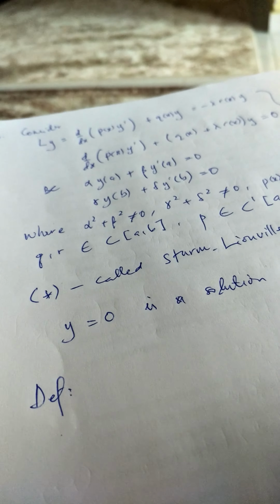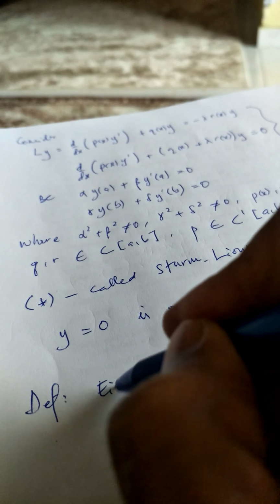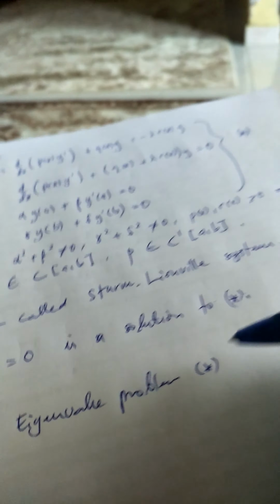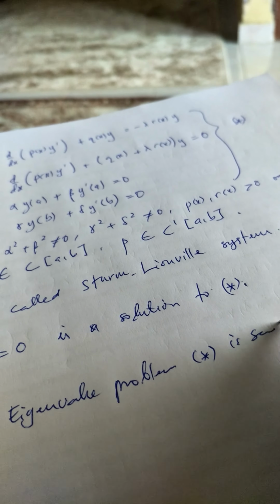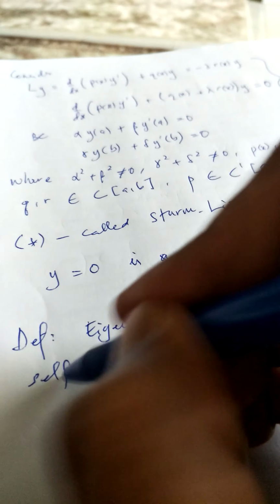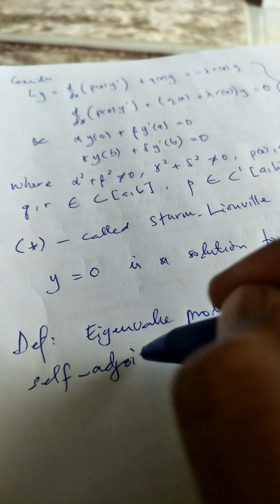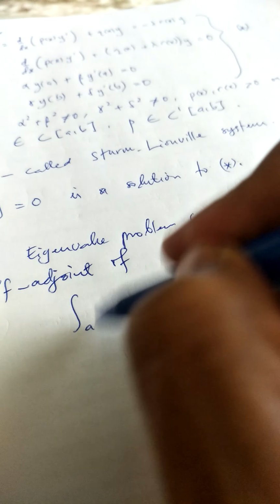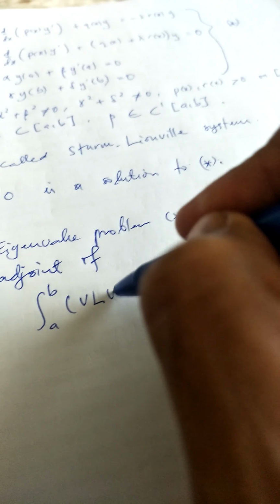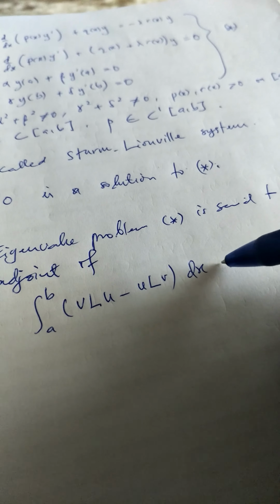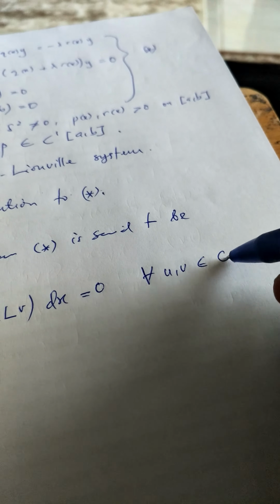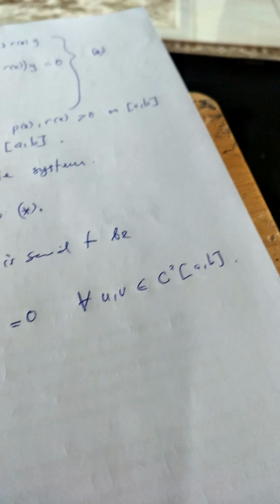We say the eigenvalue problem, which is star, is said to be self-adjoint if the integral from a to b of (vLu minus uLv) dx is 0, for all u, v in C^2[a,b].